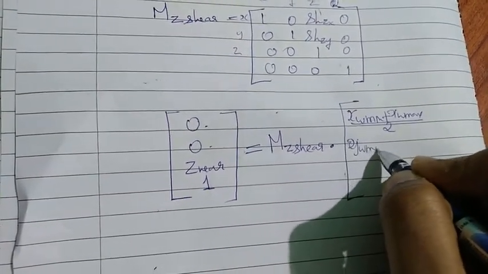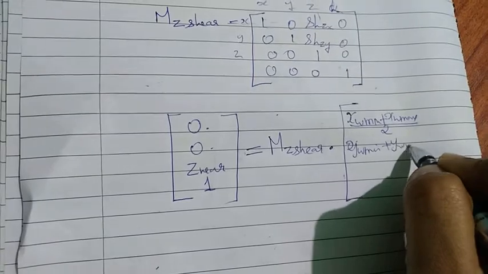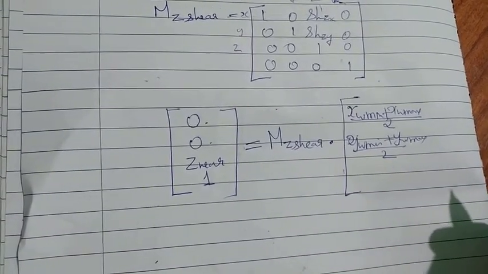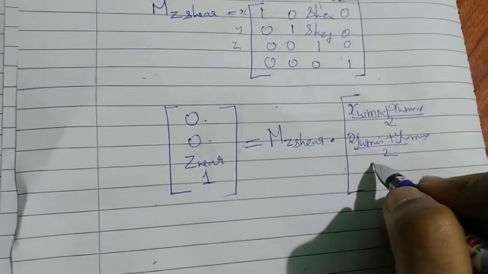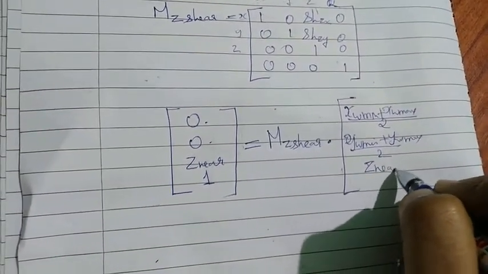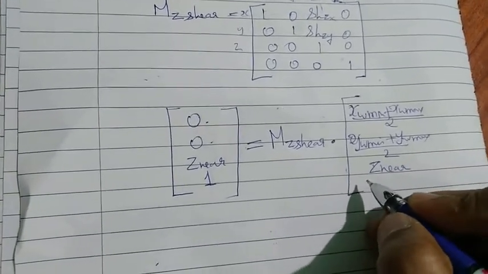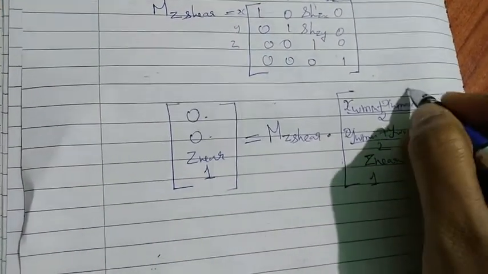Then yw min plus yw max divided by 2 is the midpoint y value for the 3D frustum, and z near, since we know that the near clipping plane is taken, and 1.